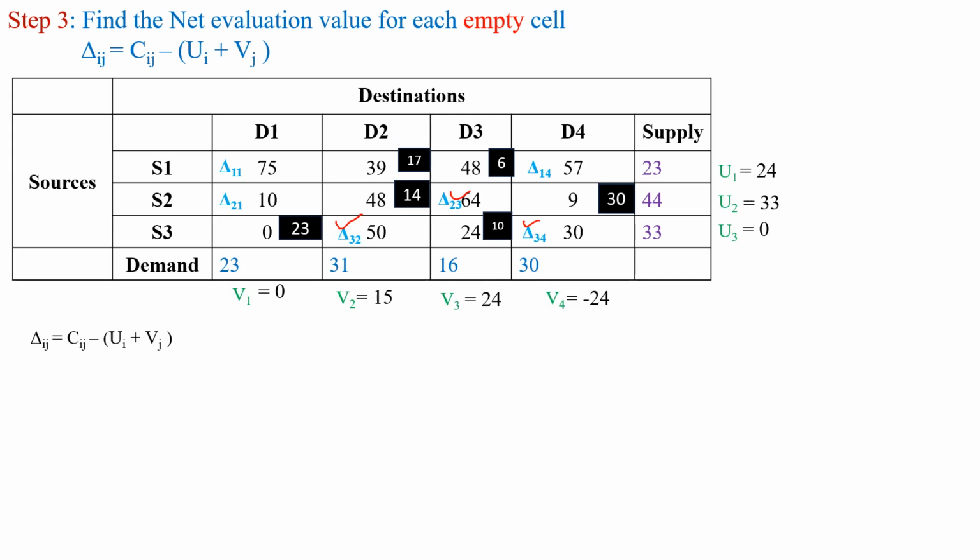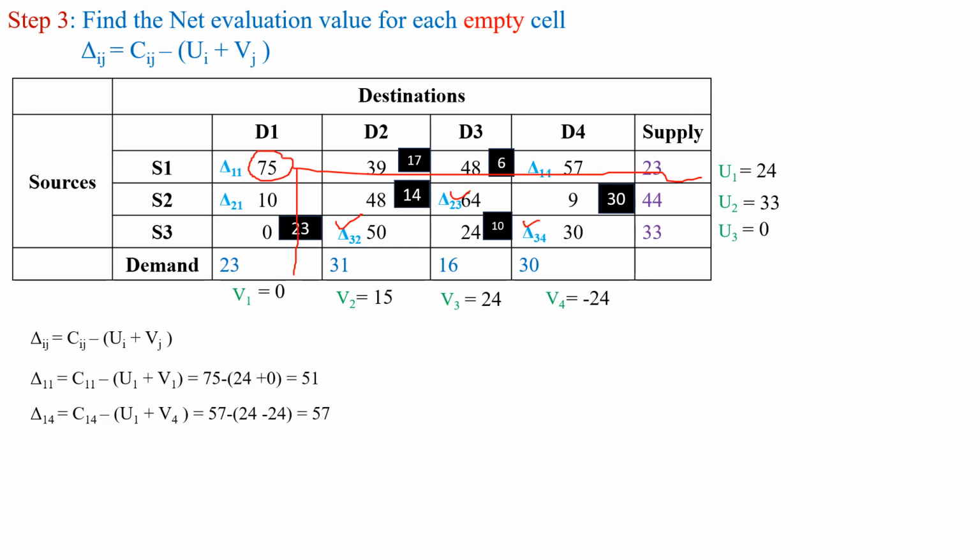So we know the relation, delta ij equals Cij minus of ui plus vj. Which means delta 11 equals C11 minus of u1 plus v1. Here we know the C11 value as well as u1 and v1 value. C11 value is 75 and u1 value is 24 and v1 value is 0. Then substitute, here we will get 51.